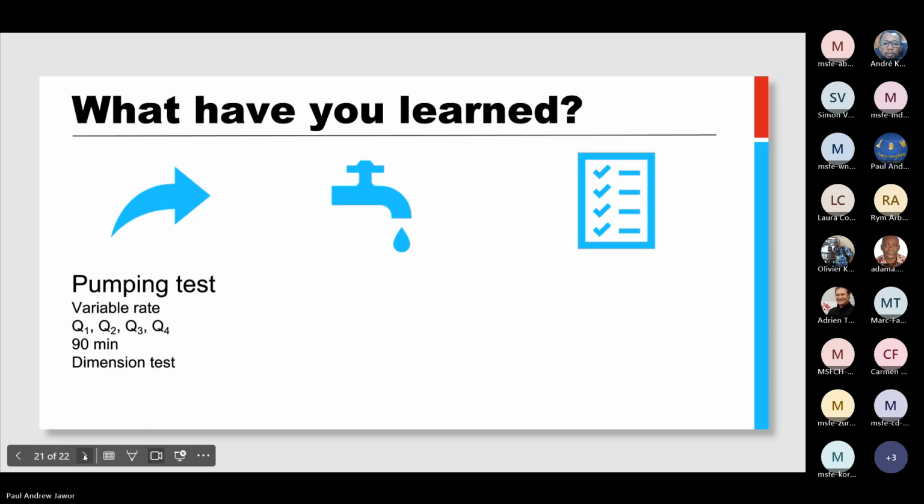Before it is us, MSF, we should ensure that this is understood by the pumping team. If it is not us, we should ensure that this is understood by the service provider. Design of the pump is not part of this, but the idea is to be able to come up with the safe yield.